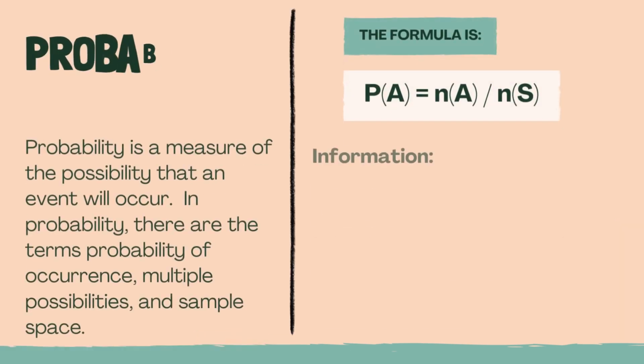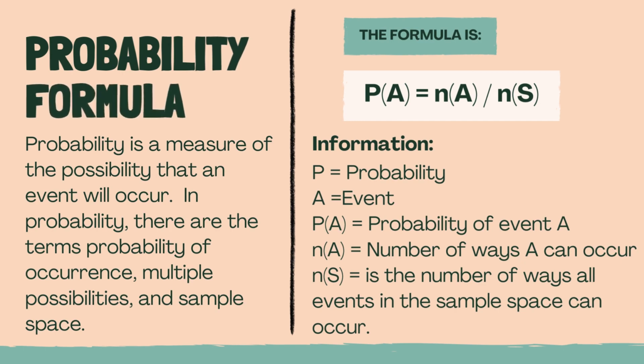The second is the probability formula. Probability is a measure of the possibility that an event will occur. In probability, there are the terms probability of occurrence, multiple possibilities, and sample space. The formula is P(A) equals n(A) over n(S).